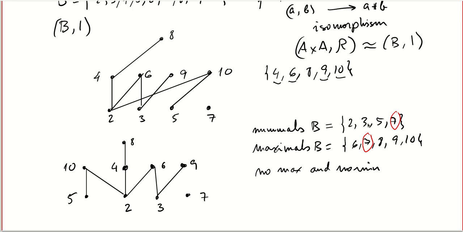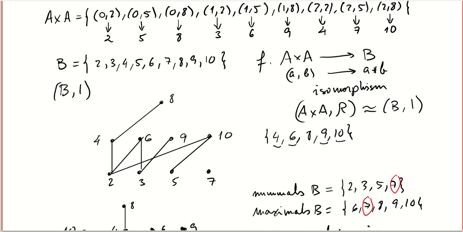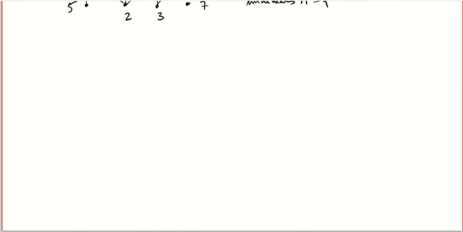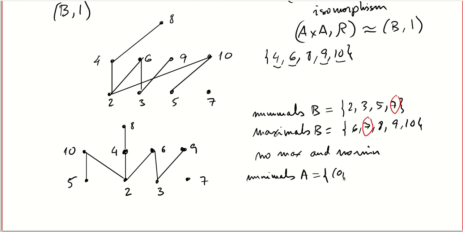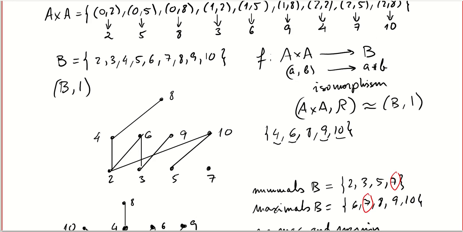So minimals of A are all the pairs corresponding to those. Let's see, 2 is 0, 2, right? So 0, 2 is 1, 0, 2, right? 3 is, I think, 1, 2, yes.